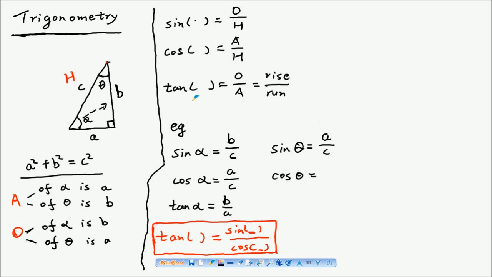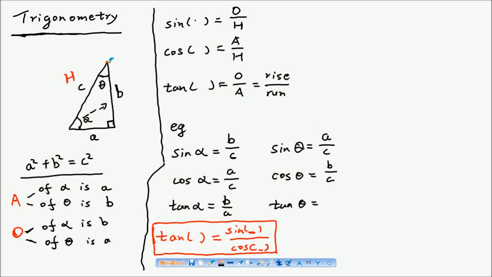The adjacent of theta is b on c. The hypotenuse is c. Tangent of theta equals rise over run, or the opposite over adjacent.